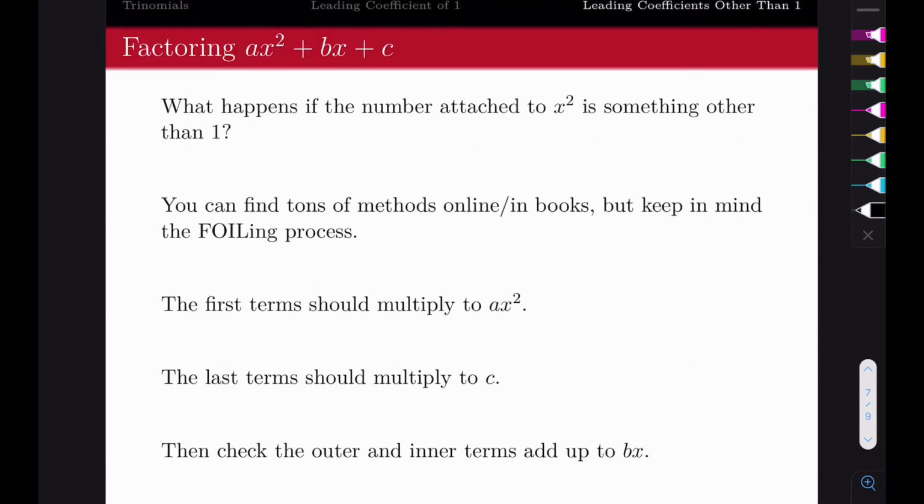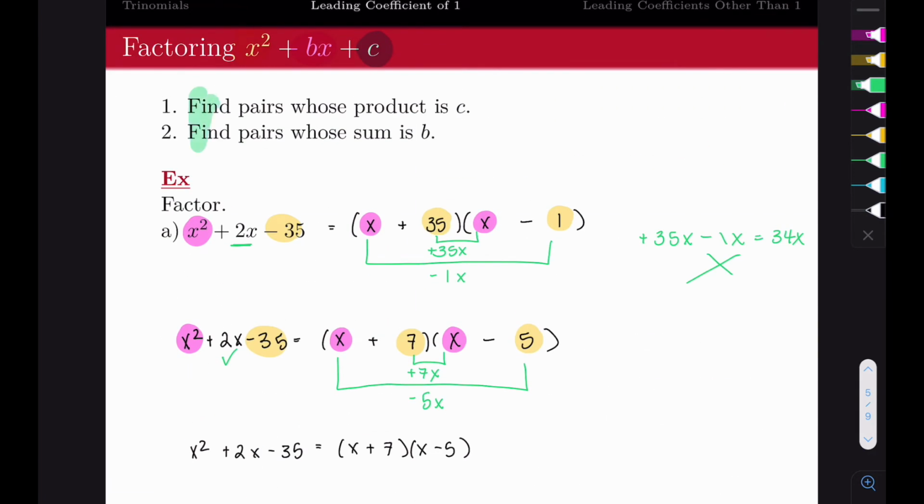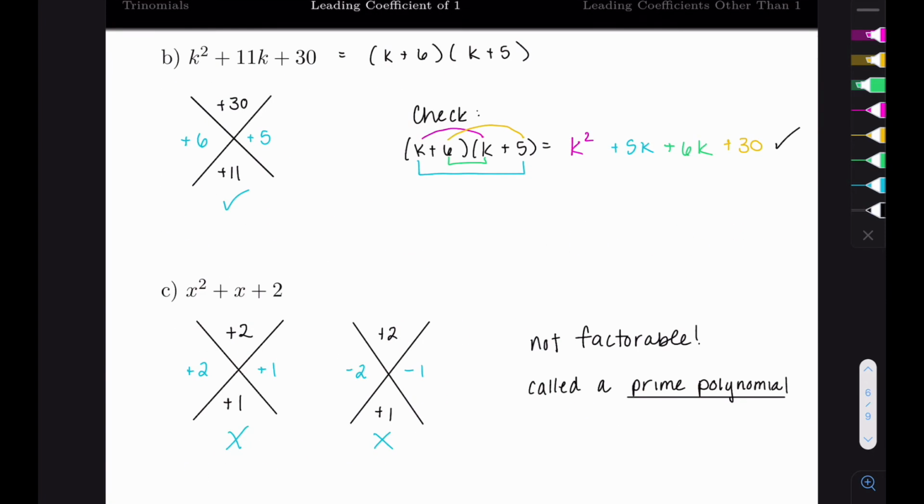Now let's consider this case when I have something other than a 1 out front. So I could have like a 5, a negative 3. You can again find a ton of processes online that give you some kind of algorithm. Your book also has a nice algorithm that you can follow, which is similar to what we did up here of finding pairs whose product is C and whose sum is this.